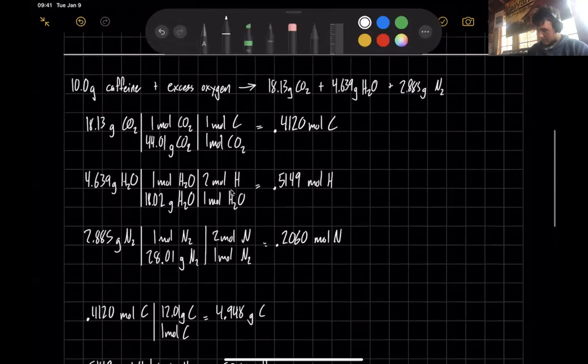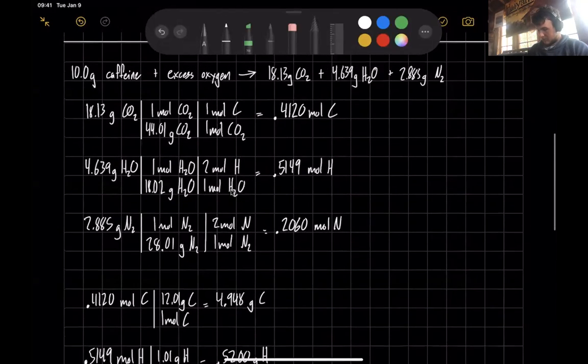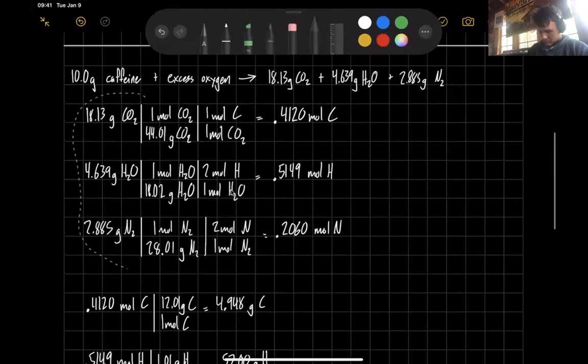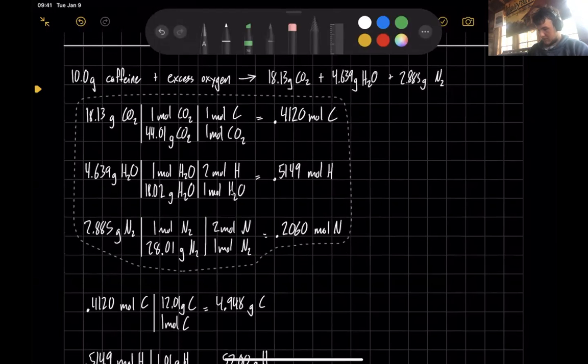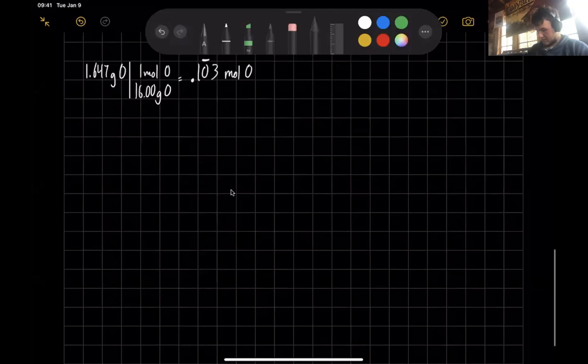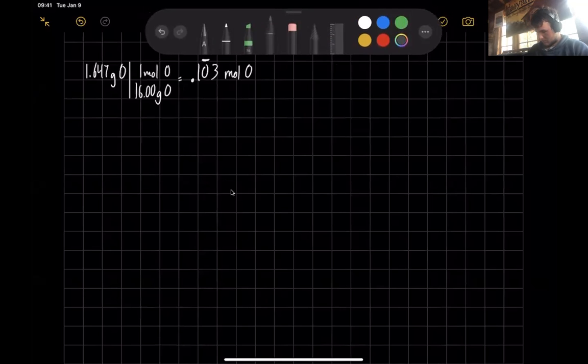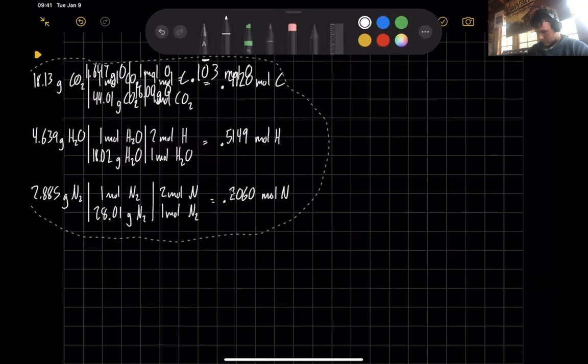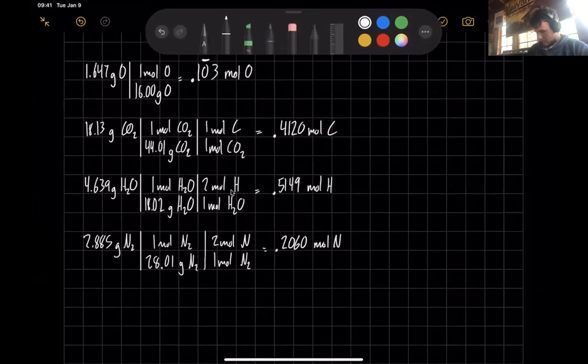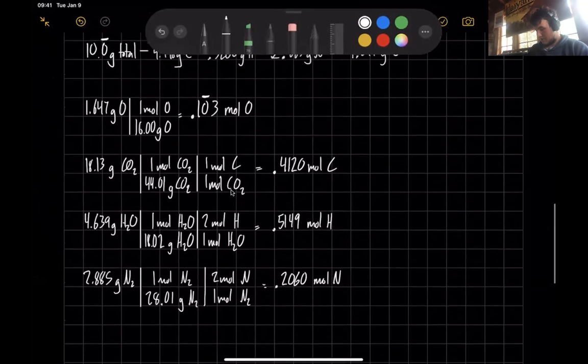And then what we'll do is, because of the way I like to do my math, bring this down here, so we have all the values next to each other.